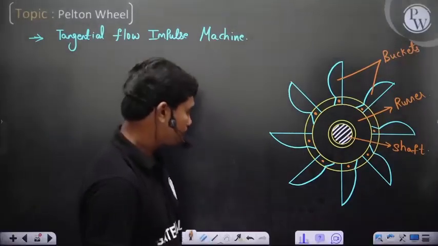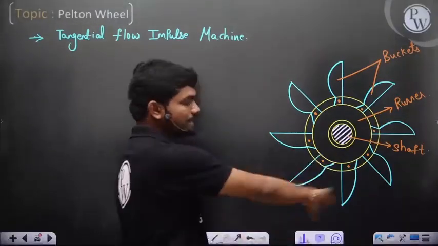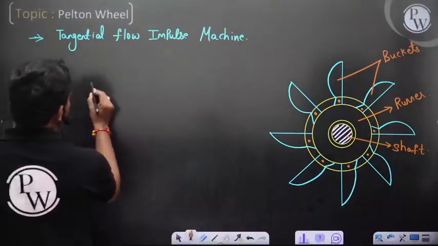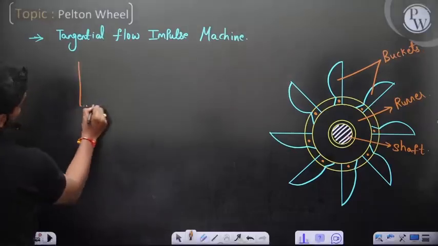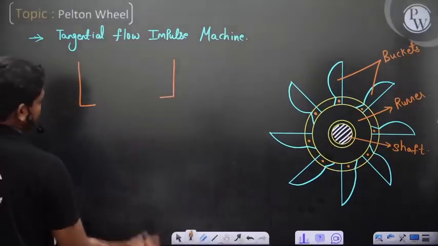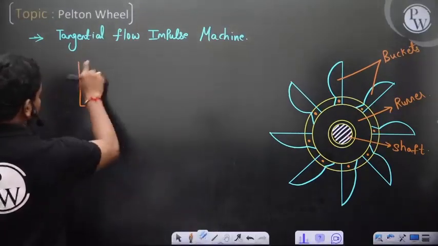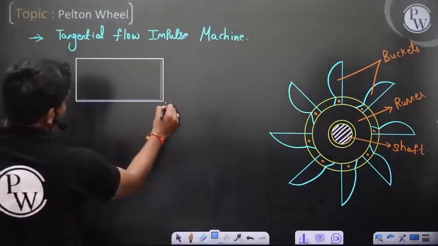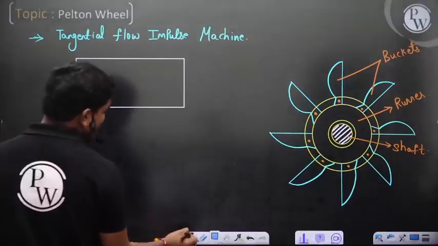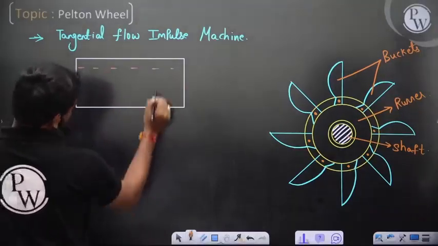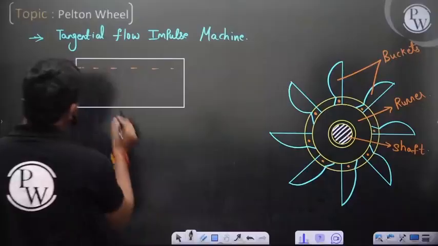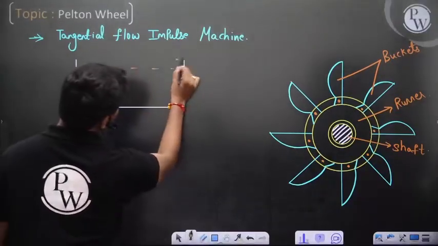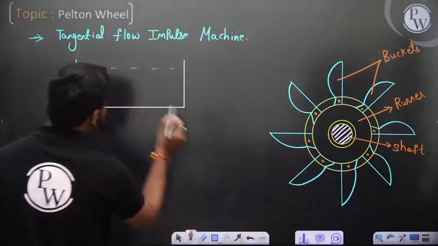Then let's see. You have a jet of water which is coming and hitting this. So let's say you have some nozzle in general. So let's say there is a big reservoir. So there is a fluid reservoir in this.